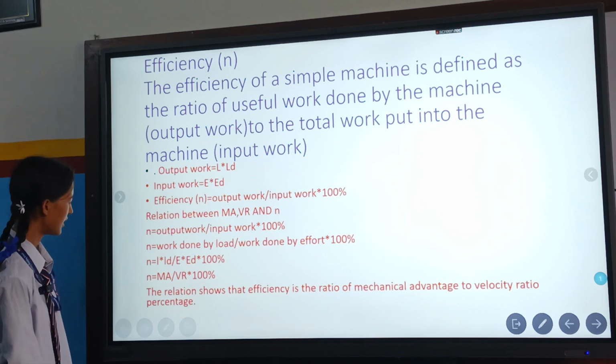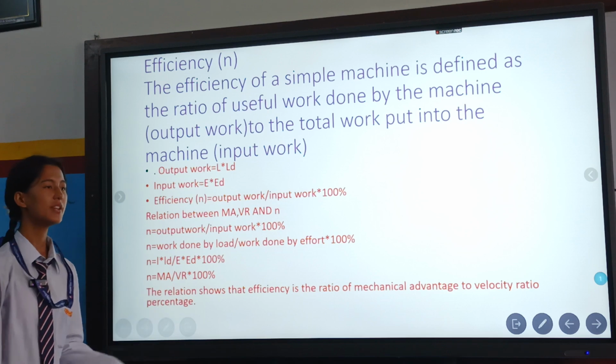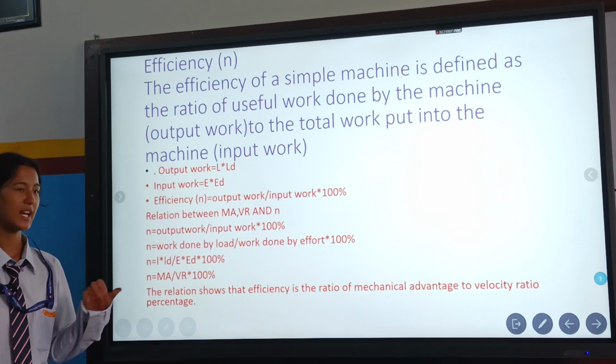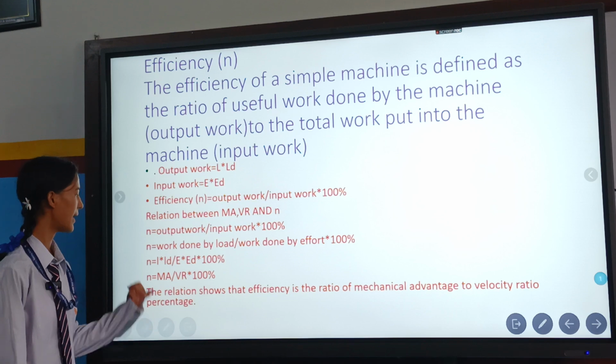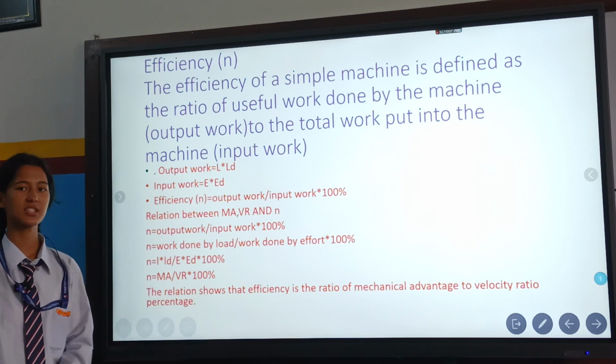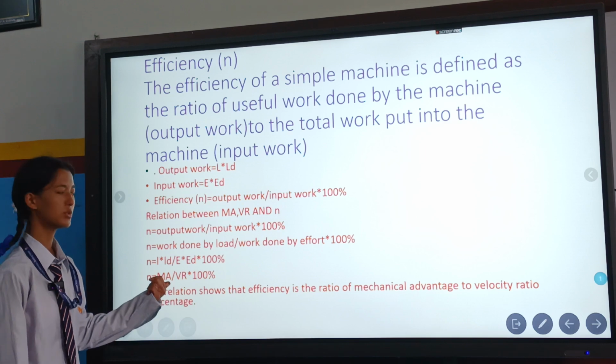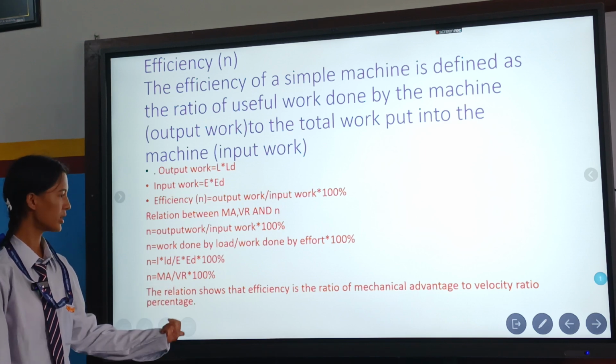If load distance, effort and effort distance are given, then you can find it by this formula. But if MA and VR are given, then you can directly go to this formula. It will be easier.